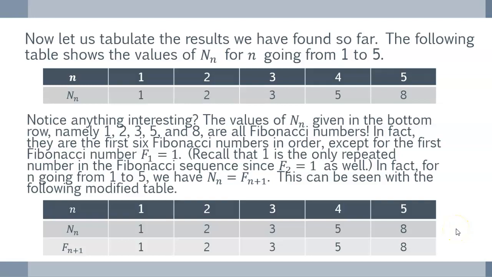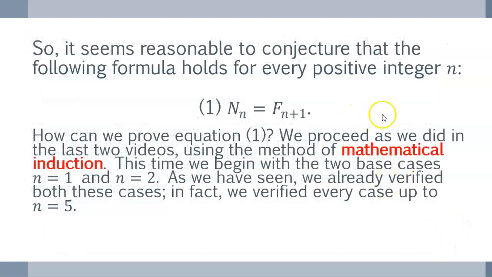So now what we'd like to do is derive a formula. It looks like we found a pattern, but just looking at a finite number of cases isn't going to be enough to prove it. This is the formula we're conjecturing, that N sub n is F sub n plus 1 for every positive integer n. So how do we prove that?